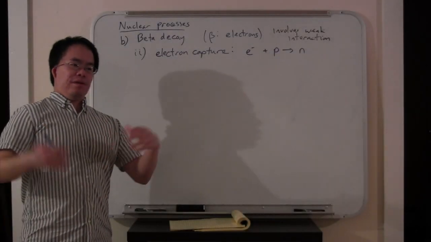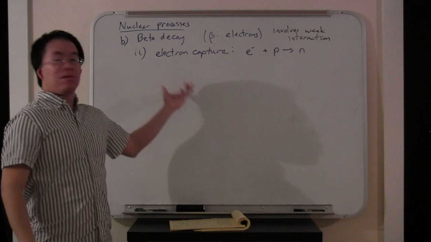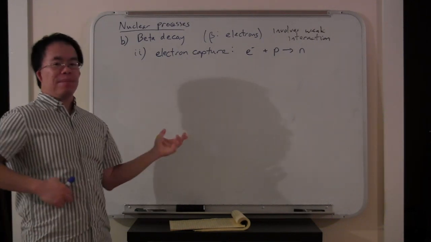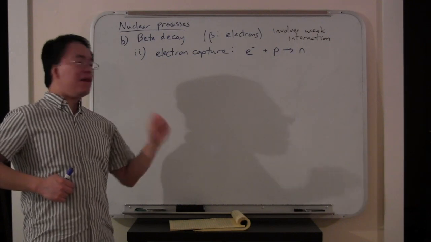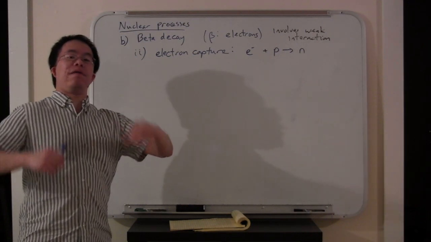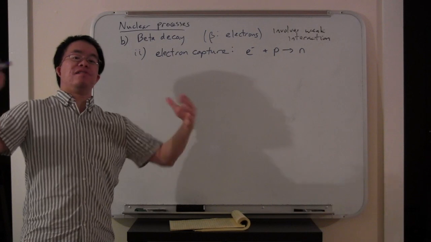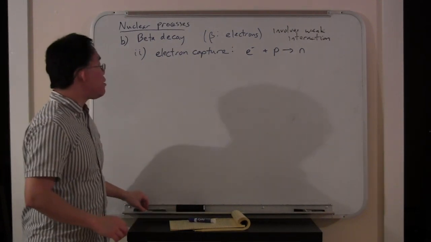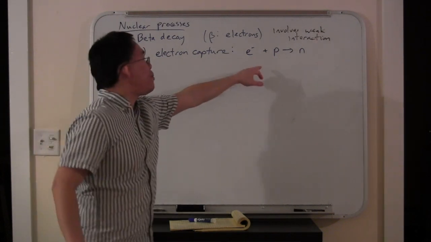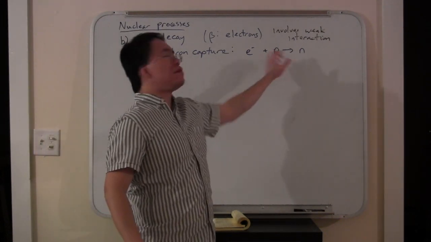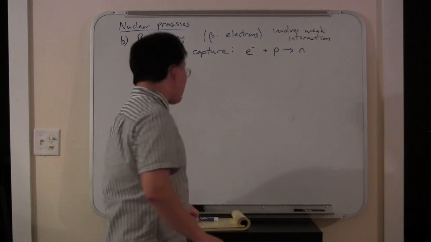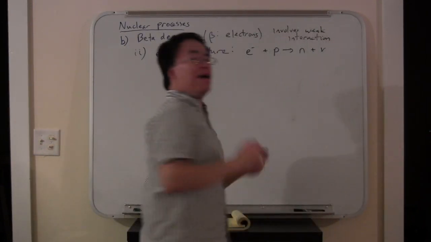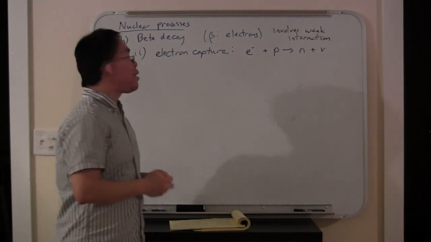There's one other thing that is also considered a beta process, and it's something called electron capture. Unlike the other two, this one involves one of the electrons that is outside the nucleus within the atom. So it involves a proton and an electron combining to become a neutron, and whoops, I forgot my neutrino here, which I need to have to conserve lepton number.